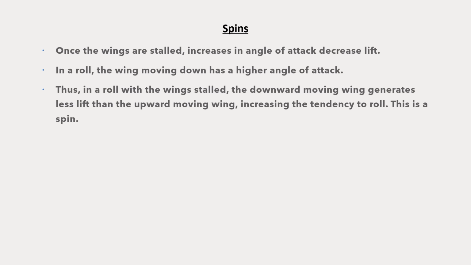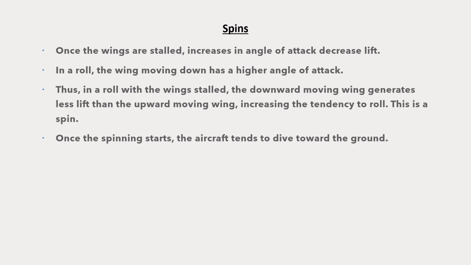This is a very unstable situation where the difference in lift on the two wings is causing more and more roll rate. It'll tend to continue rolling. Once that starts, the aircraft will tend to nose over and dive toward the ground, and you get into a fully developed spin where the nose is pointed almost straight down and the aircraft is rolling around. It doesn't tend to speed up a lot because it's a very high drag situation.